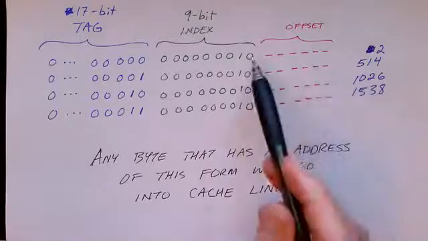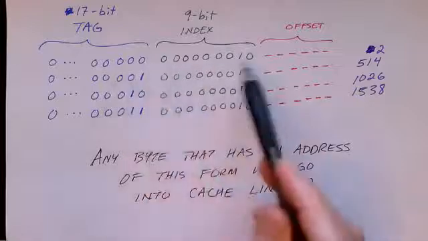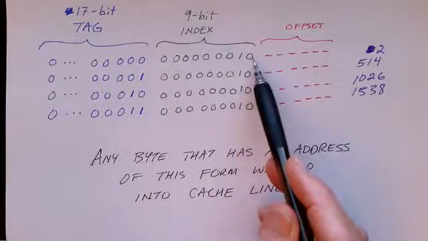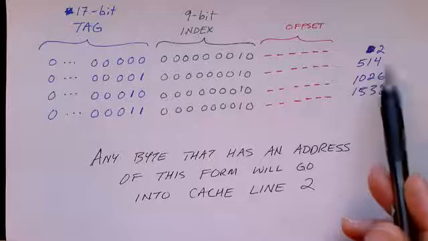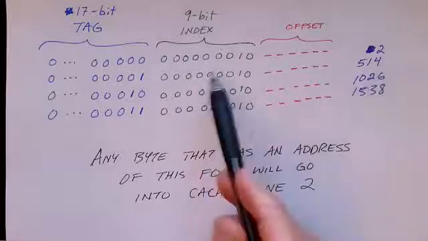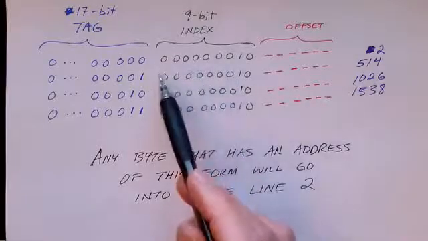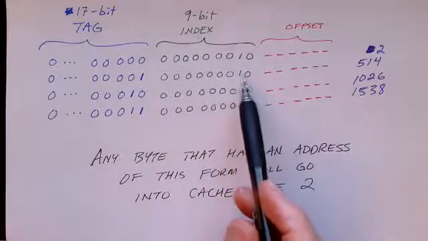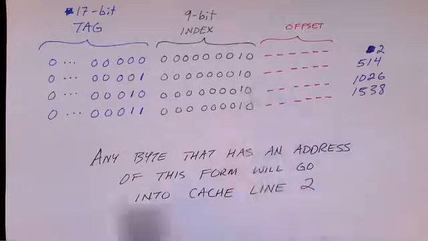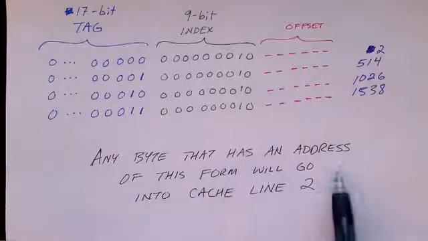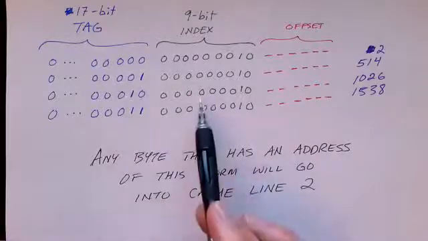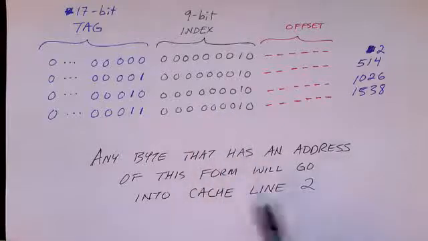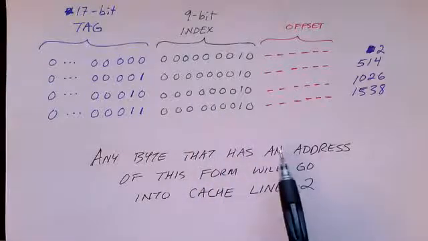So you can see that the high order 26 bits give the block number. And so all of these blocks, block 2, block 514, block 1026, all map into line 2 of the cache. So any byte that has an address of any of these forms will go into cache line number 2.